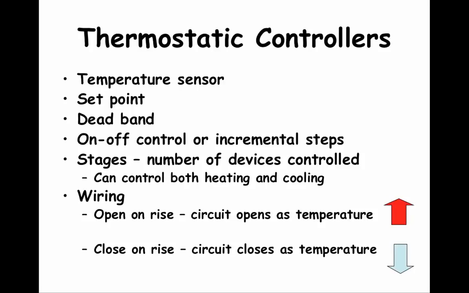This wiring was used for a heating system, so that when it became warmer, the heater was turned off when the circuit was opened. Conversely, cooling systems were connected to circuits that closed as the temperature rose. So, if a space became warm, the circuit closed and the cooling system turned on.